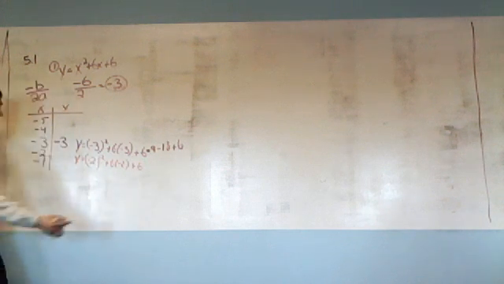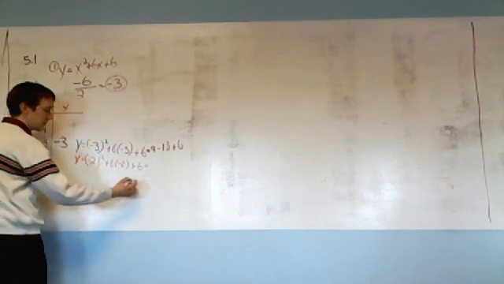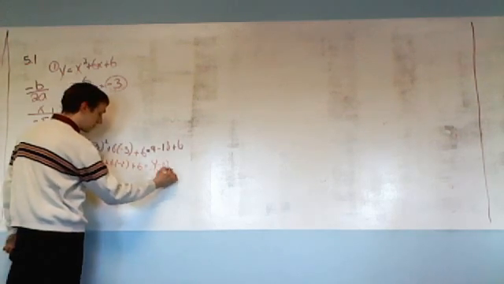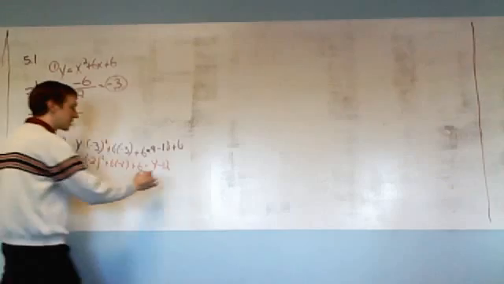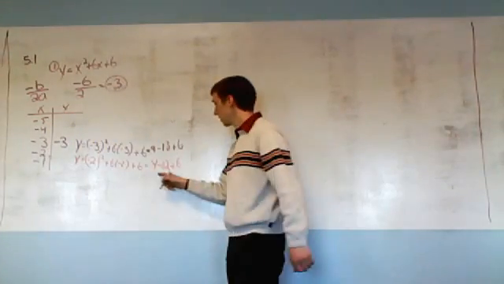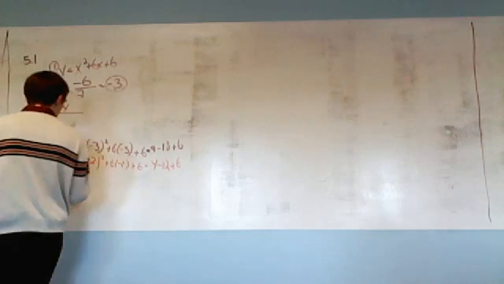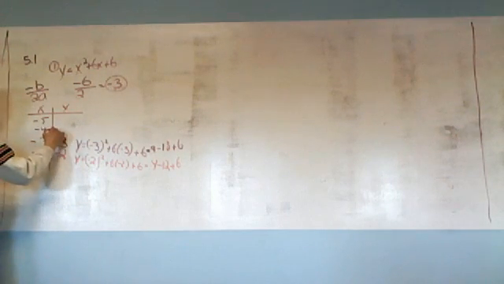What's negative 2 squared? 4. What's 6 times negative 2? Negative 12. And what's 4 minus 12? Negative 8. Negative 8 plus 6 is negative 2. And so this is going to be negative 2 as well.